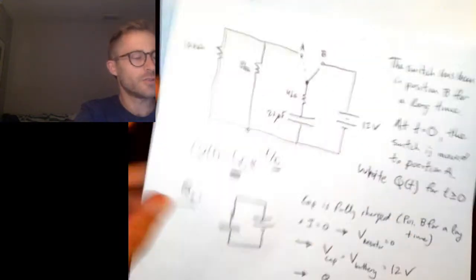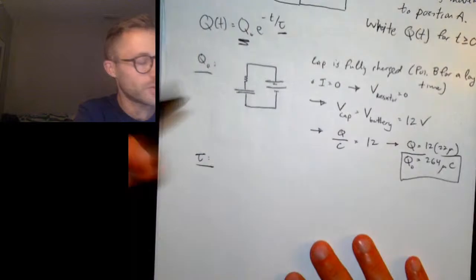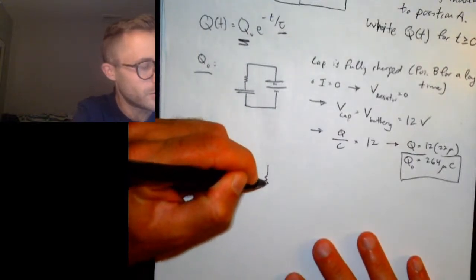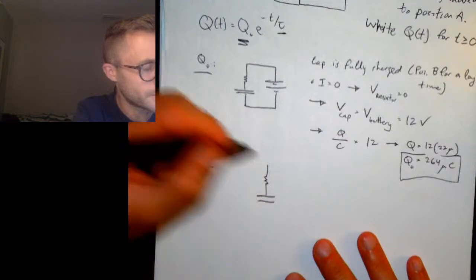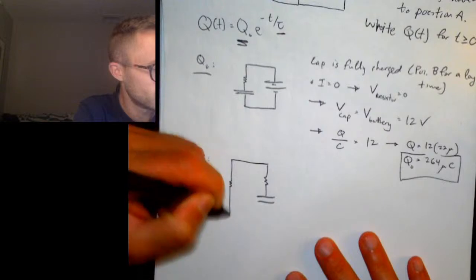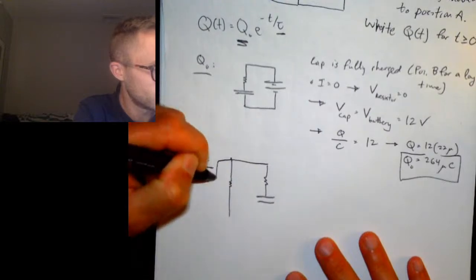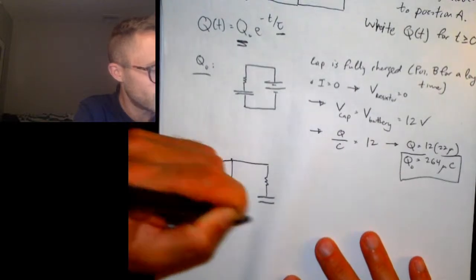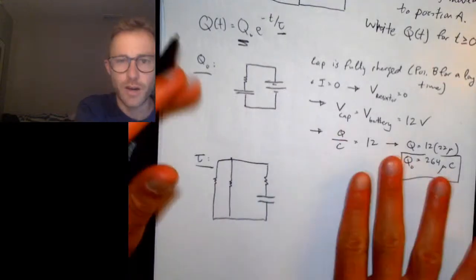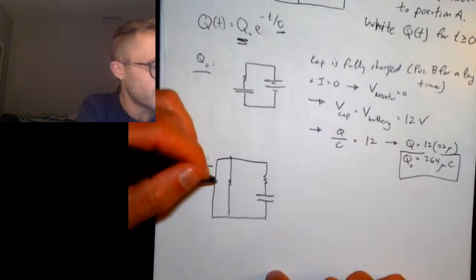Okay? So let me draw what the circuit looks like after the switch is moved. It looks like this. Okay? So we've just forgot about the battery over on the other side.